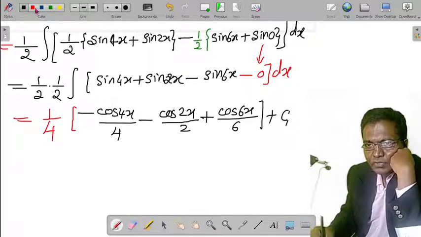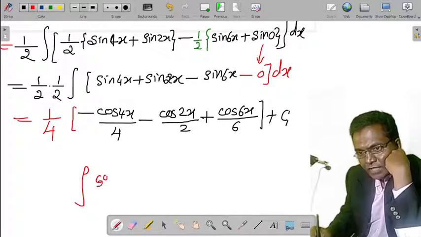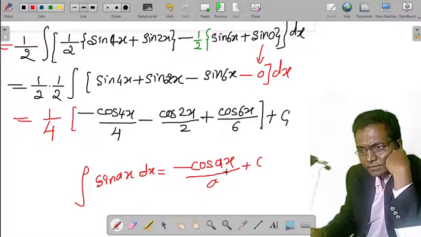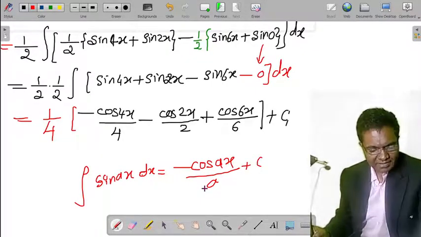Okay, so please note down this: integration of sin ax is minus cos ax by a. Whatever this number is, it comes down. So remember this and practice this.